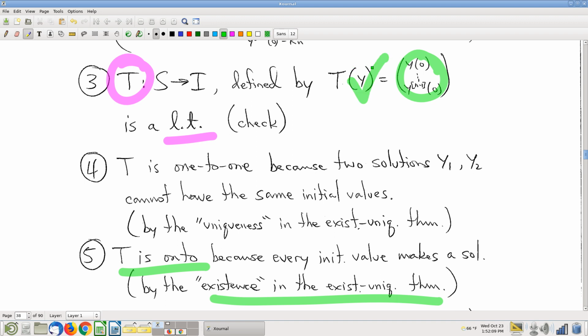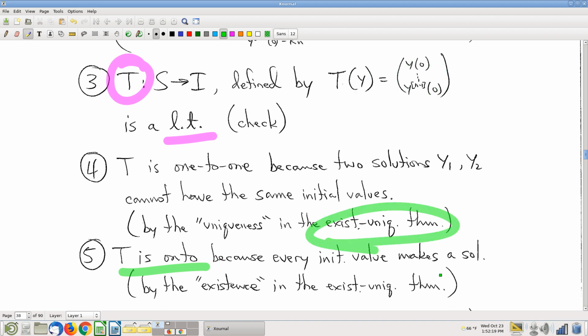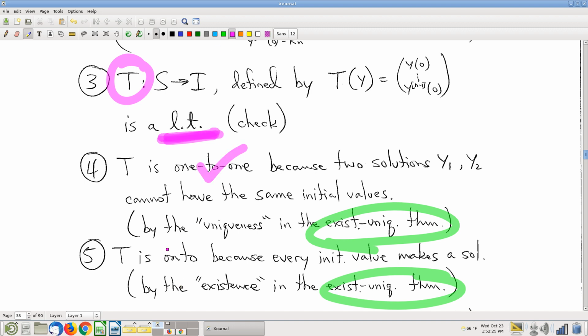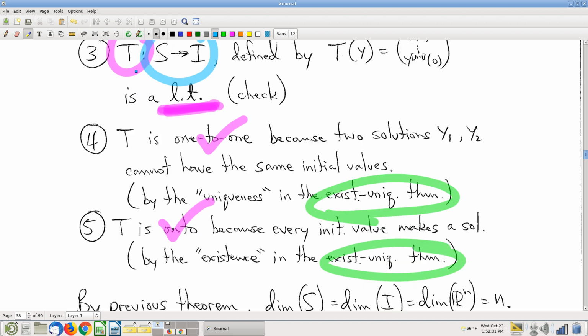And then, of course, that is the Y for which T is equal to the given initial values. So, the existence and uniqueness theorem tells us that this function is not just a linear transformation. It's a linear transformation that is 1-to-1 and onto, and therefore the domain and the target have the same dimension.